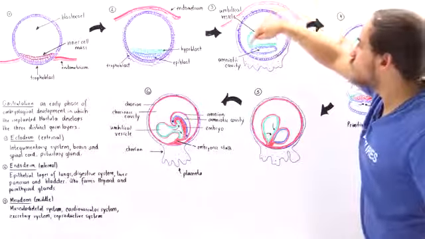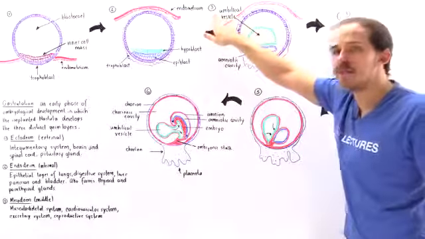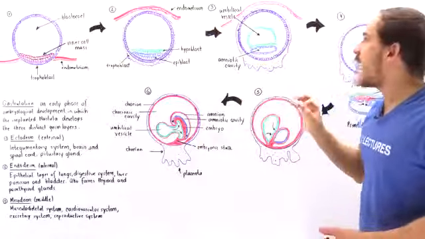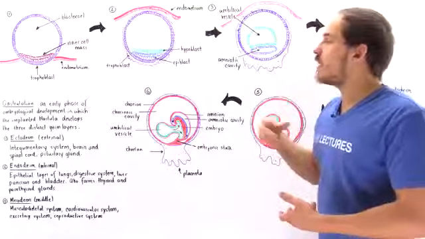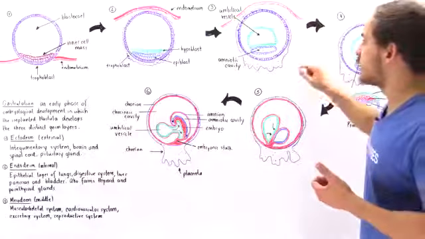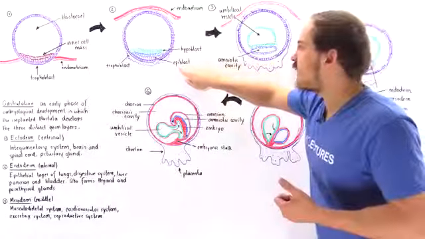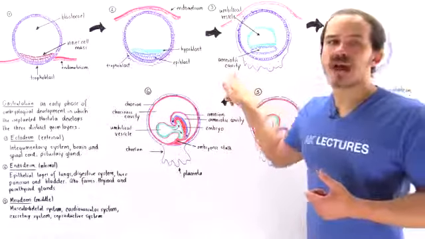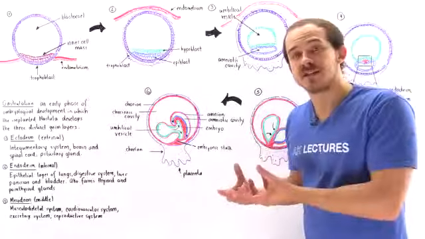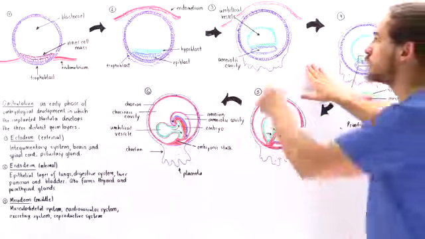So notice this entire green portion eventually develops into the umbilical vesicle. Now, in non-humans, it's called the yolk sac, and the umbilical vesicle eventually becomes part of the umbilical cord system. And we also form this cavity that is created by the epiblast cells, and this is known as the amniotic cavity, and this is where that organism, the fetus, will actually be found, as we'll see in just a moment.